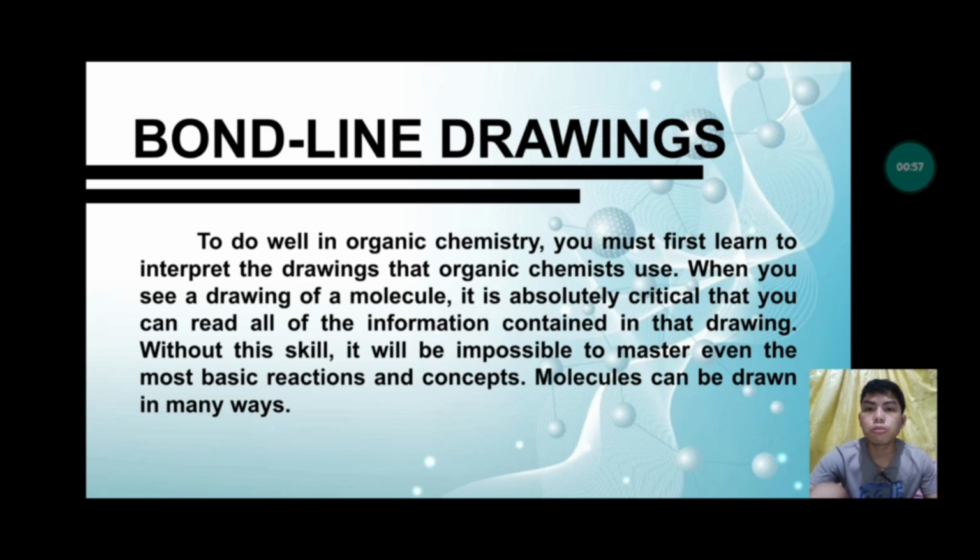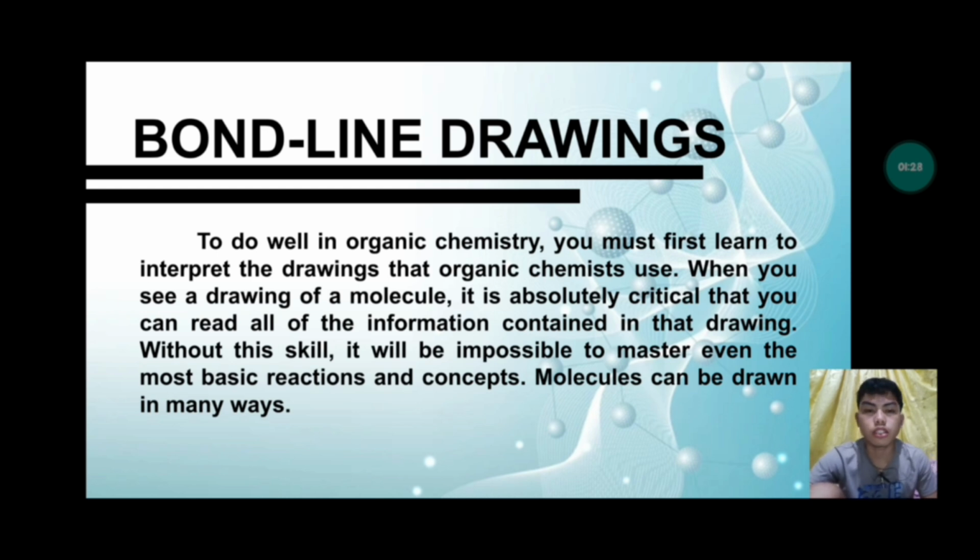To do well in organic chemistry, you must first learn to interpret the drawings that organic chemists use. When you see a drawing of a molecule, it is absolutely critical that you can read all of the information contained in that drawing. Without this skill, it will be impossible to master even the most basic reaction and concepts.